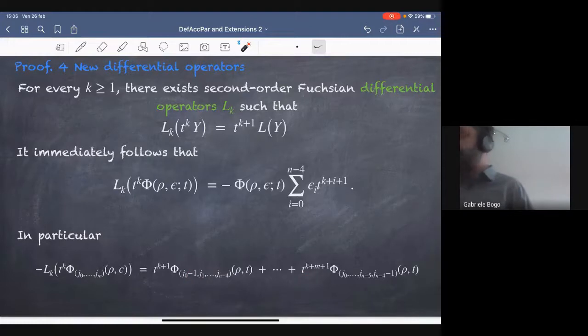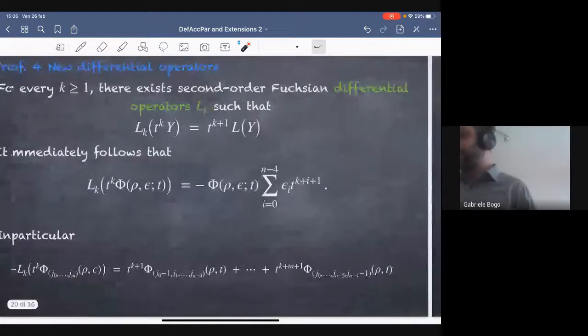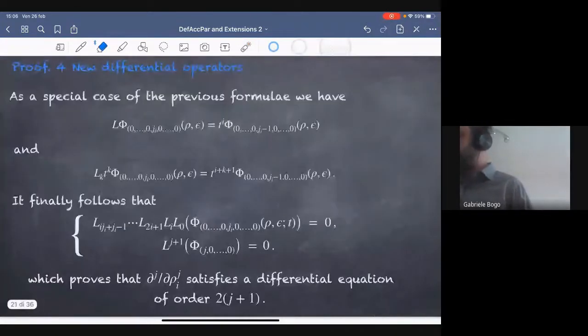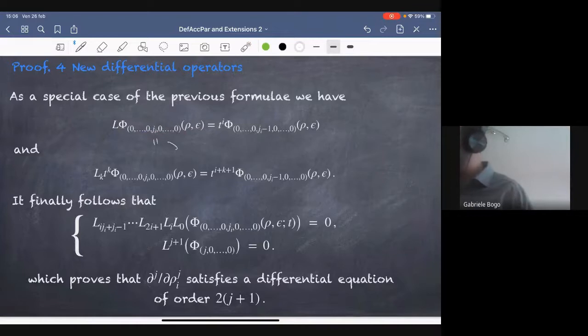I don't want to say everything in detail, but combining everything together, when you apply L to this function here, that is precisely the derivative of the holomorphic solution with respect to rho I, j times.